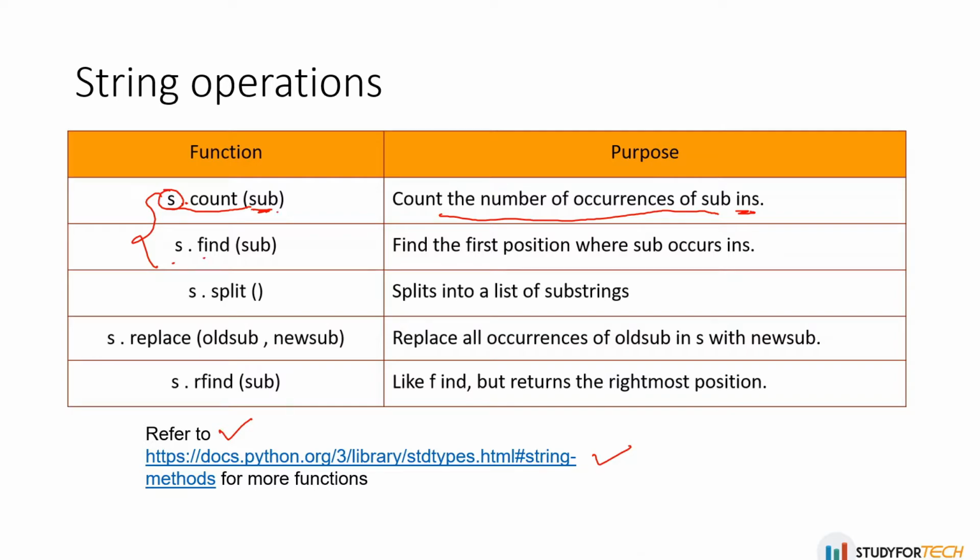Then s dot find gives the first position where the substring occurs. S dot split splits into a list of substrings. This all we will see in our demo. S dot replace replaces an old substring with a new substring, and then rfind is like find but returns the rightmost position. So that we will see.